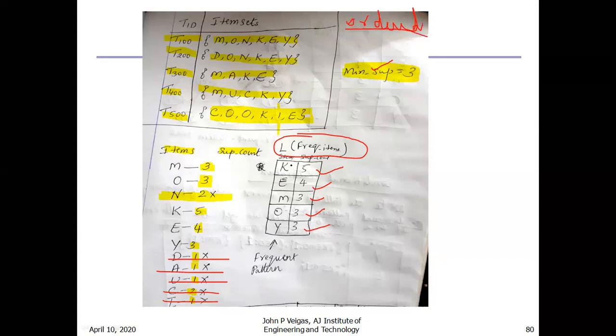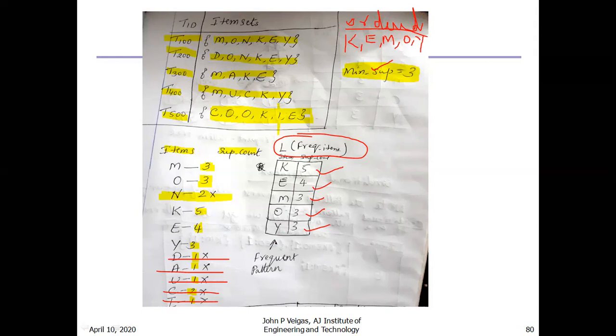Now in this order only we need to write the items. Which item is present here? K. Next, E is present. Yes, E is present. Next, which item? M is present. Yes, M is present. Next, O is present in this. It's present, right? O. Next, Y is present. So this is the ordered item set.